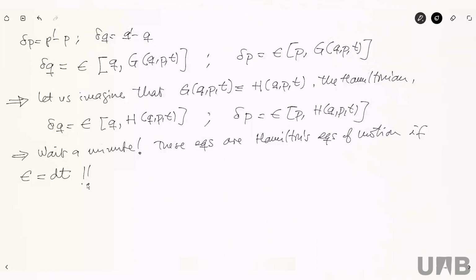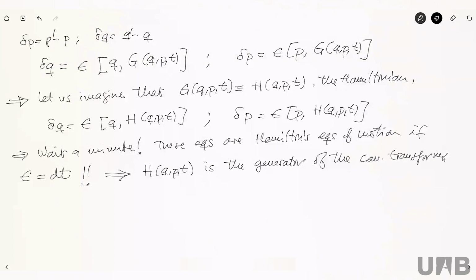That means that the Hamiltonian is the generator of the canonical transformation which we call time evolution.